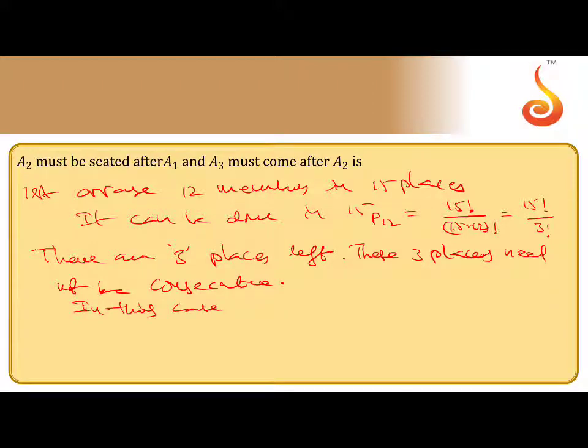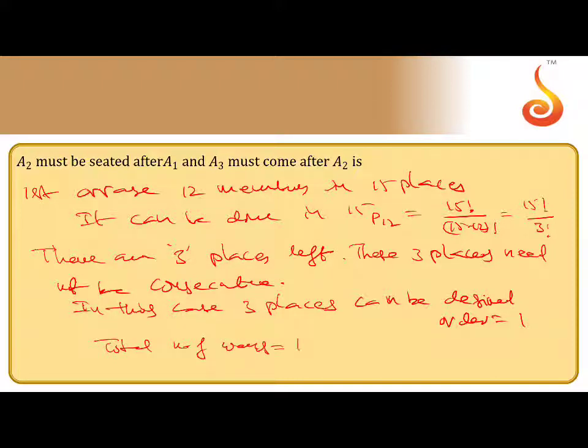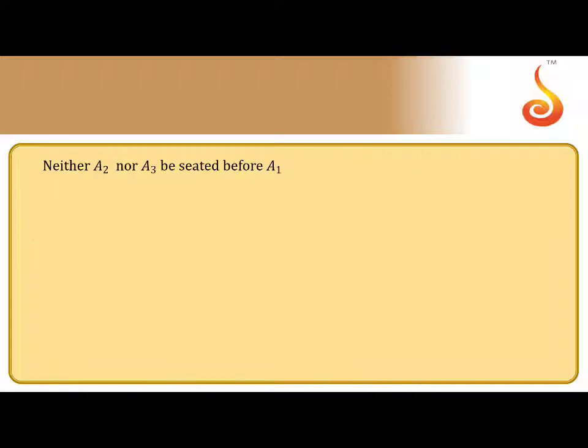So the total number of ways is 15 factorial by 3 factorial into 1, that is 15 factorial by 3 factorial. That is the answer here.